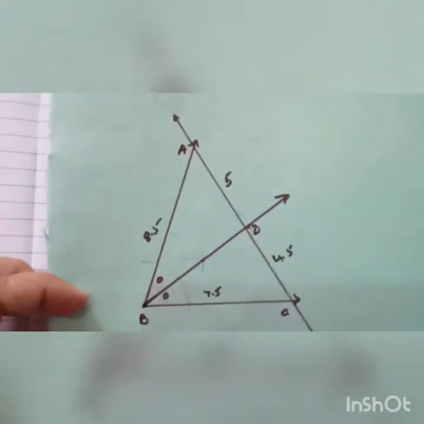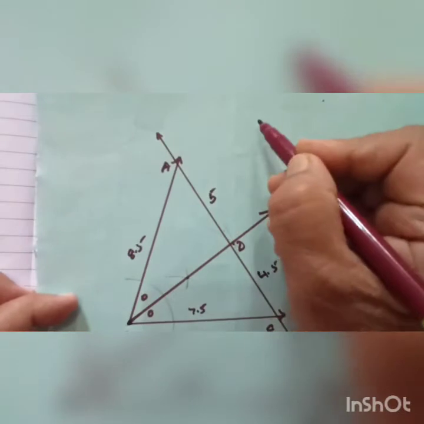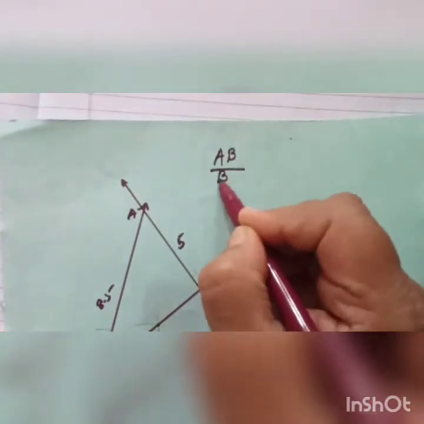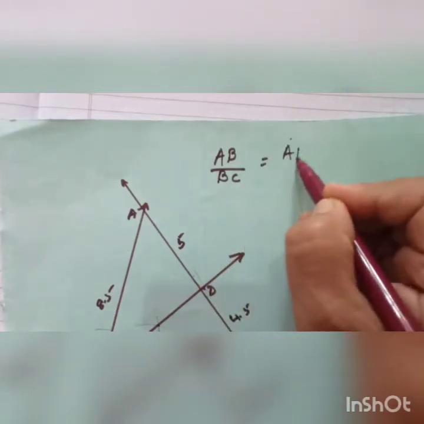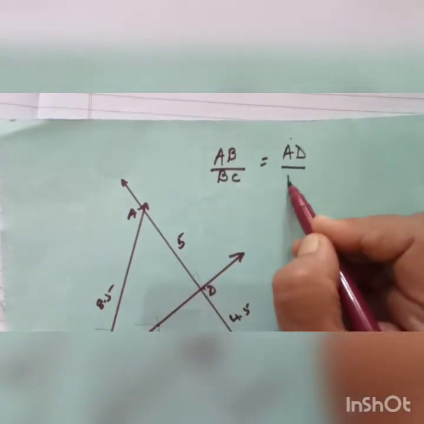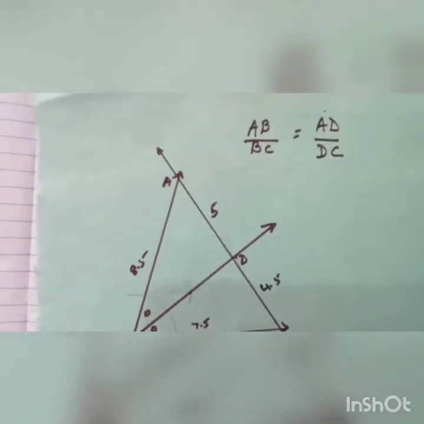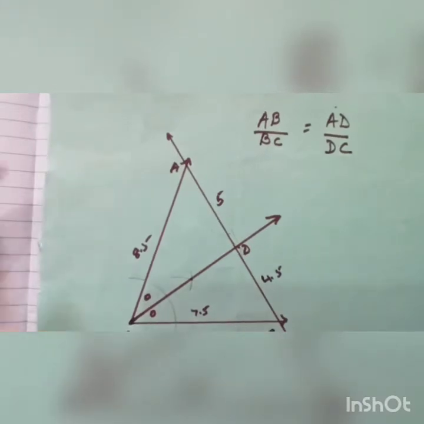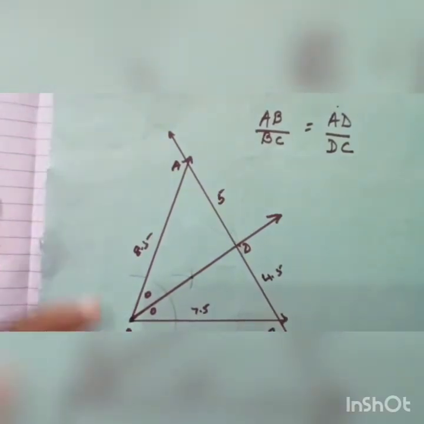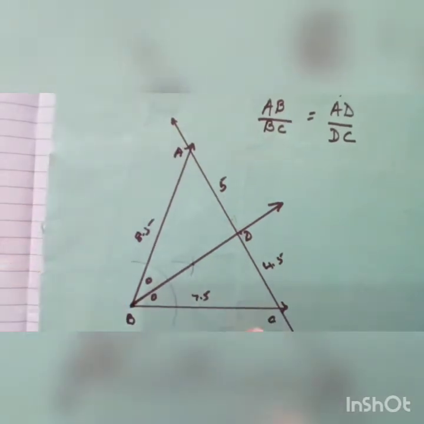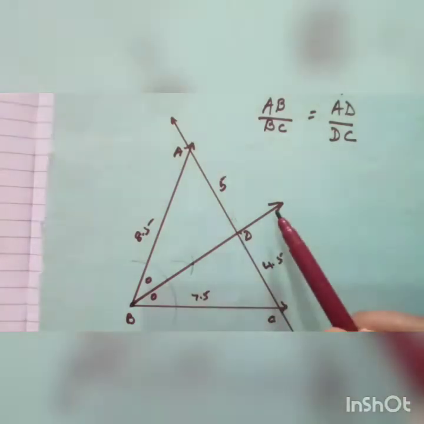Now if we take the ratio of AB upon BC, we will see that it is equal to AD upon DC. This is any random angle I have taken, but when you take the angle, we see that the ratios of these two sides, AB upon BC, is equal to the ratio of the sides opposite. Now this BD is the angle bisector.